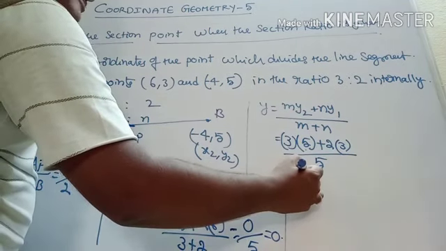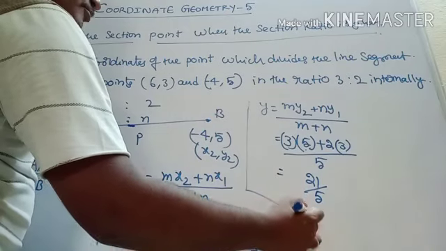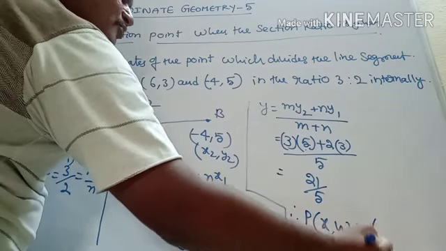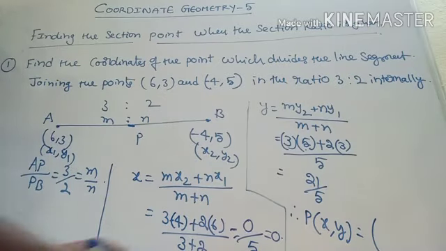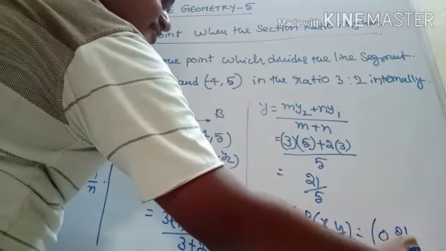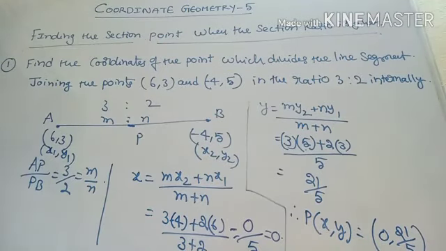This is 15 plus 6, that is 21 by 5. Therefore the point P, x comma y, is 0 comma 21 by 5. This way we find this particular problem.